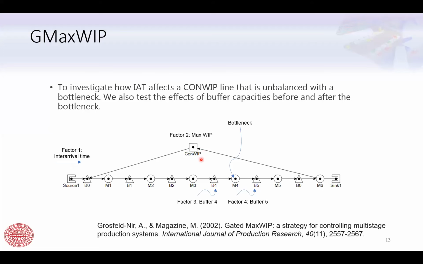And we also test with a high level and low level work in process. And then normally in the industry, they understand that before the bottleneck, they need to have a larger buffer. But in this experiment, I add one more factor into the design of experiment, and also try to test the size of the buffer after the bottleneck, in the downstream.